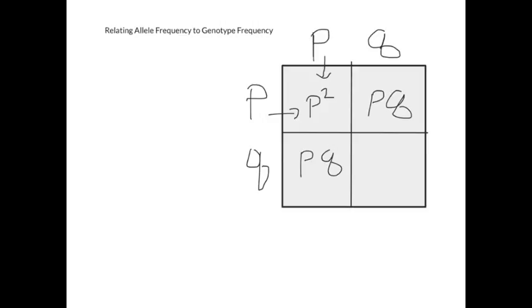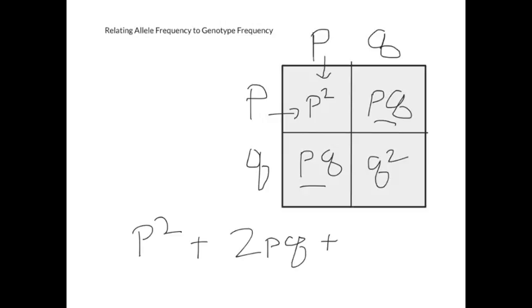The chance of inheriting P and Q together is PQ. And the chance of inheriting Q and Q together is Q squared. Again, remember, this is calculating the frequency or the percent of a population that would have these expected genotypes, and not the offspring of a parental cross. The probability of any of these outcomes occurring in the population has to equal 1. So P squared plus 2PQ plus Q squared equals 1.